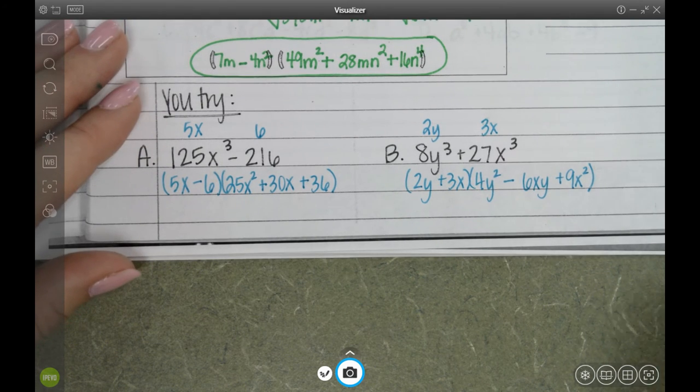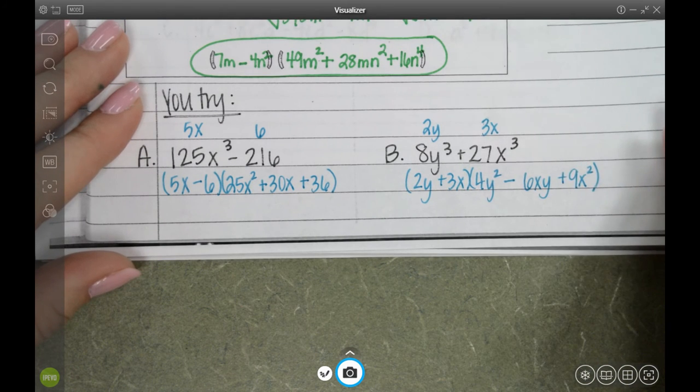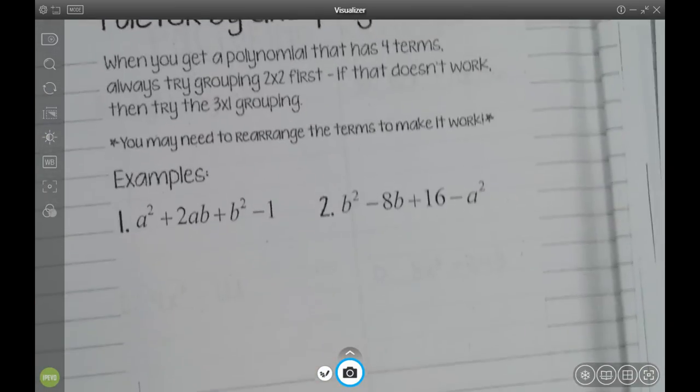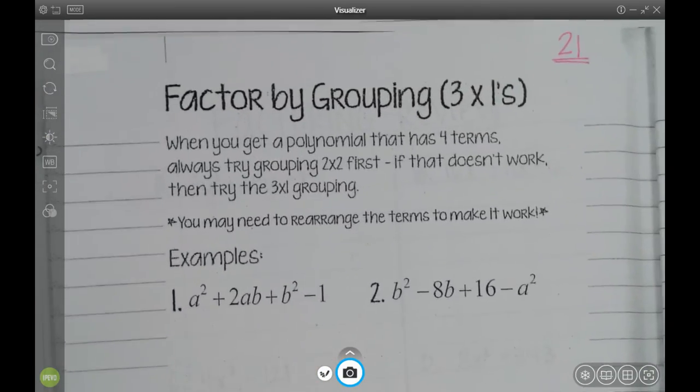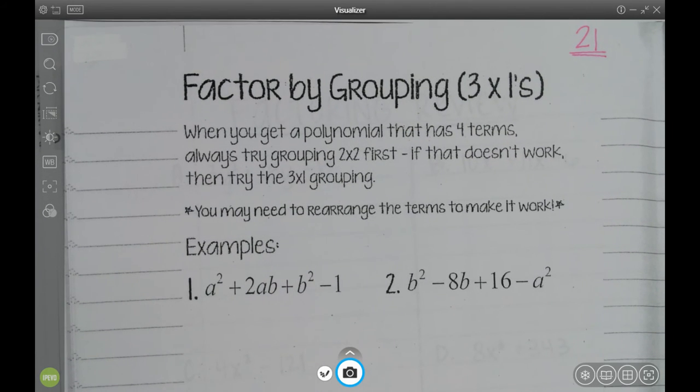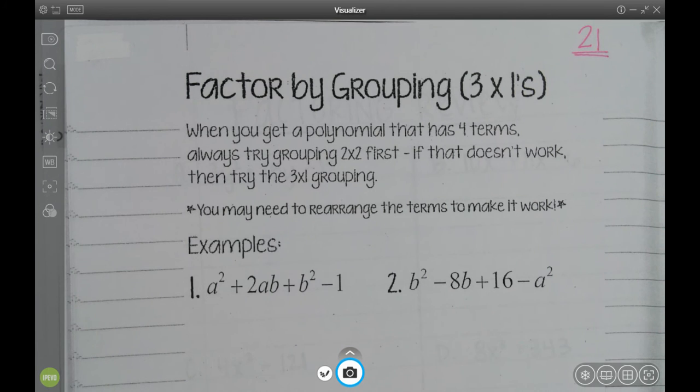Okay. And our last page for the day. Are you ready? You're going to be on page 21. So this is going to look a little backwards. And it's 3 by 1s, and you're going to want to put this all the way at the top.